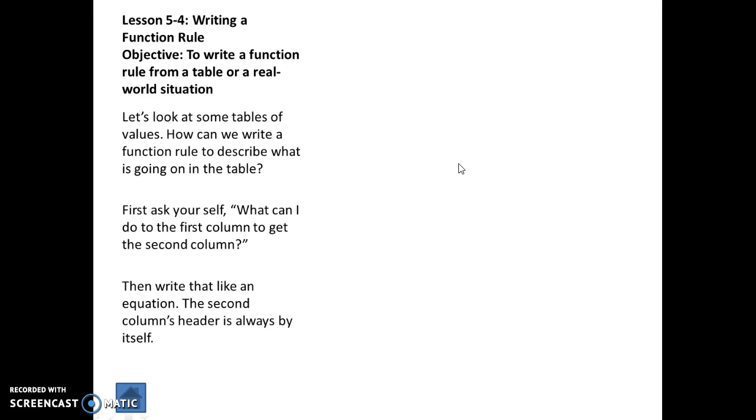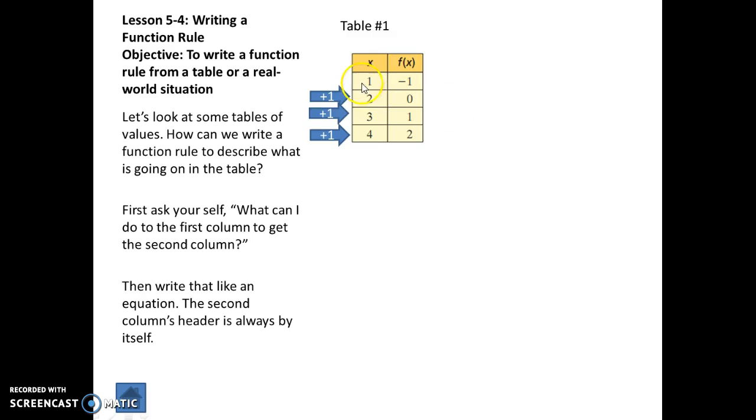We're also writing a function rule from tables of values. Given the table of values, we look at what happens to x to get f of x, or our y value. In this case, each of our x values goes up by 1, and to go from our x value to our y value, or f of x value, we subtract 2.